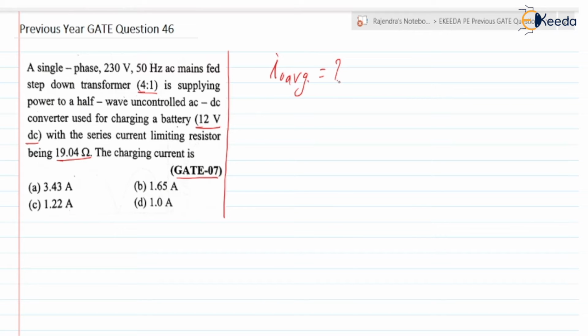Now if we draw the circuit diagram for the uncontrolled rectifier, which is a half wave, we are having a transformer also. So single phase supply is given to the transformer primary winding. The transformer is a step down transformer.